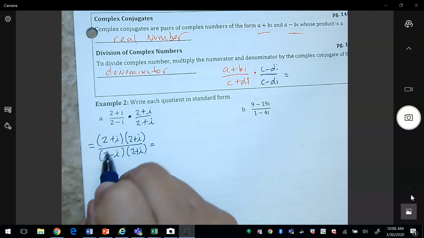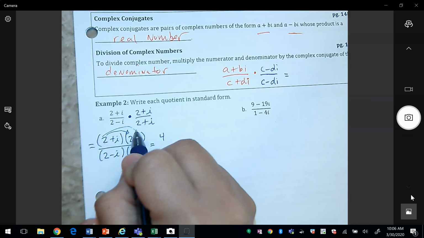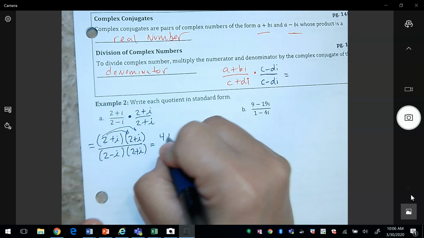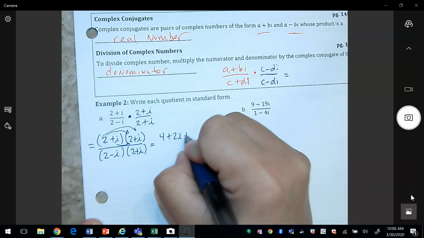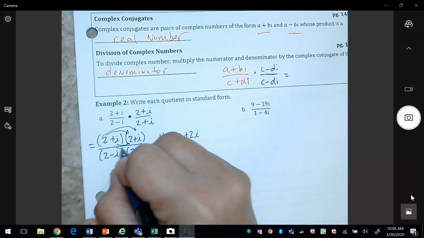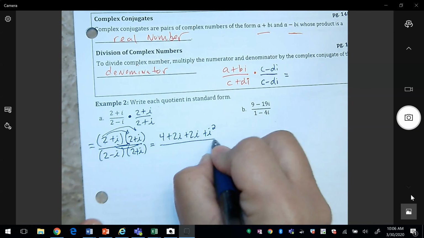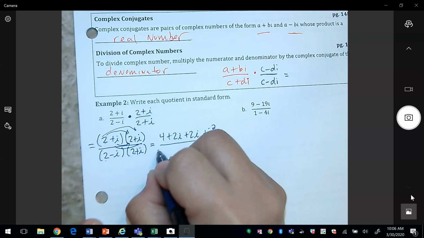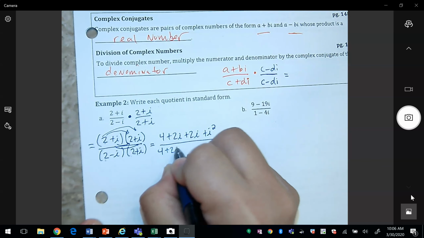So if we multiply here, we're going to have 2 times 2 is 4. 2 times i is 2i. i times 2 is 2i. And i times i is i squared. Divided by 2 times 2 is 4. 2 times i is 2i.